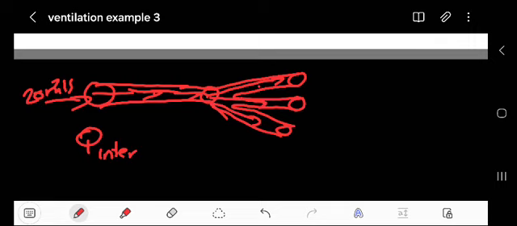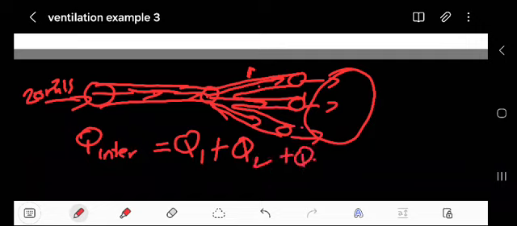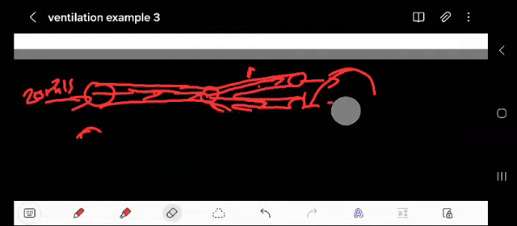But what we know is that the sum of the air discharged here must be equal to the sum of the air that entered. That means the sum of air, branch 1, Q1, plus branch 2, Q2, plus branch 3, Q3. We must apply this law. Hopefully you understood this.